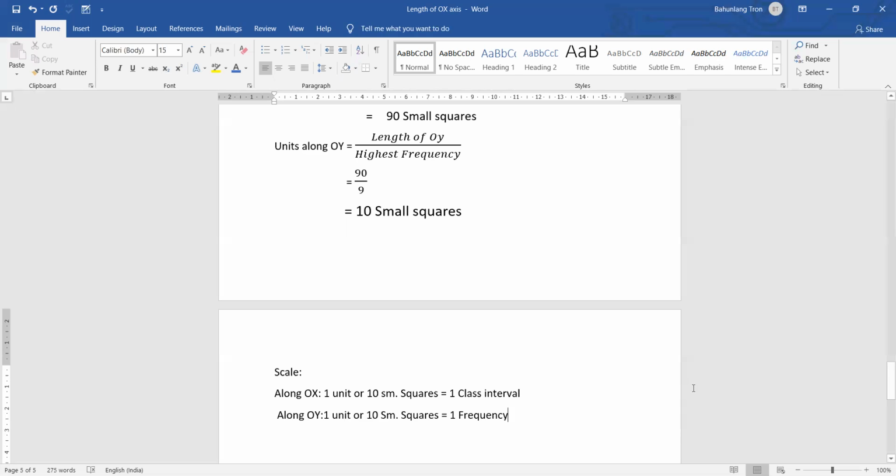All right, so now we are going to plot the histogram using a graph paper. Okay, all right.